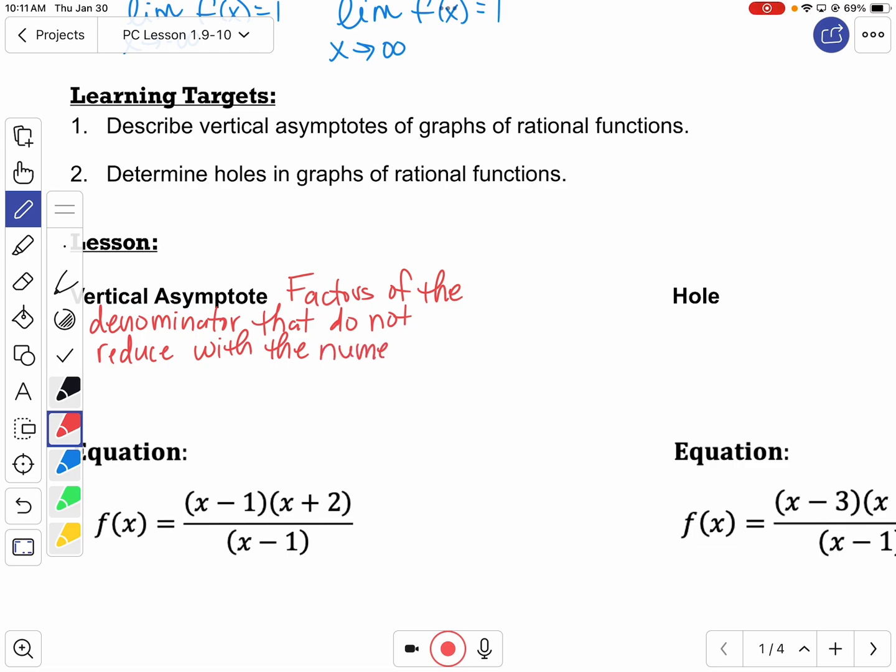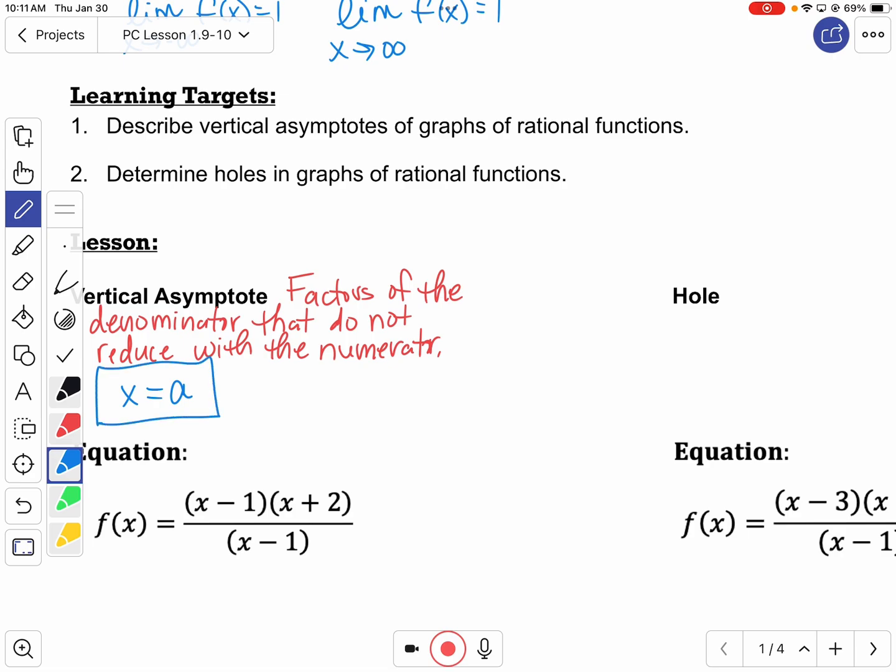So factoring again, I can tell is going to be important today. All right. And we basically take those parentheses and we solve for x. Okay, so whatever's left in the denominator, we get a vertical asymptote.